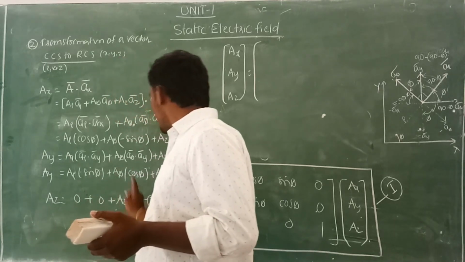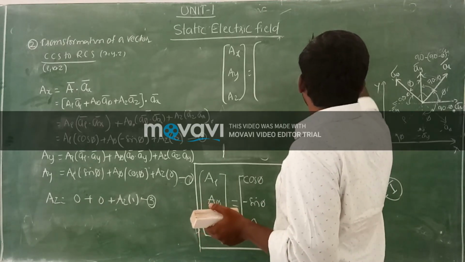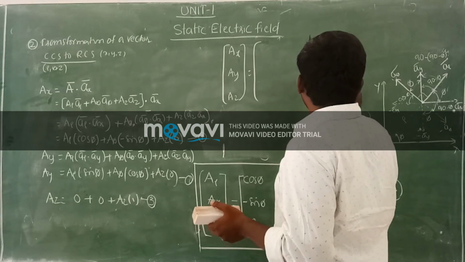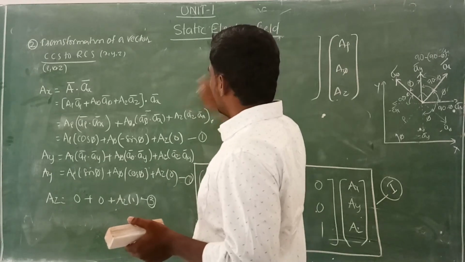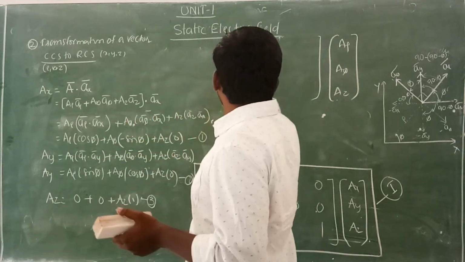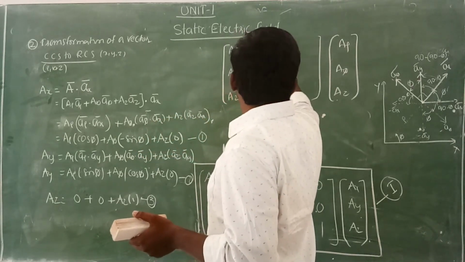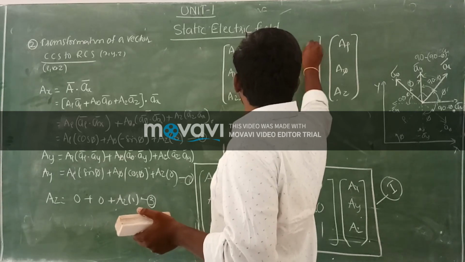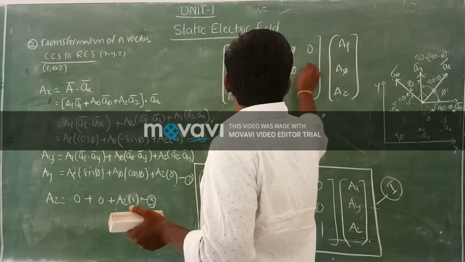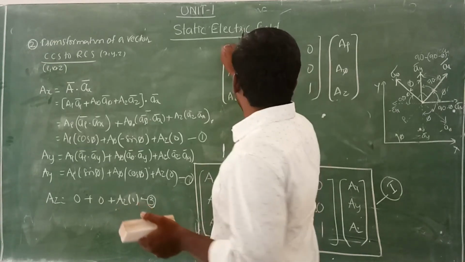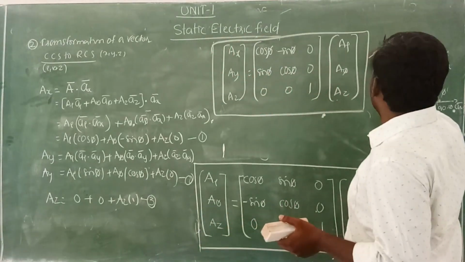So the variables are A rho, A phi, and Az. The constants from equation 1: cos phi, next minus sin phi, 0; next sin phi, cos phi, 0; and 0, 0, 1. Please remember this transformation also. It is Roman number 2.